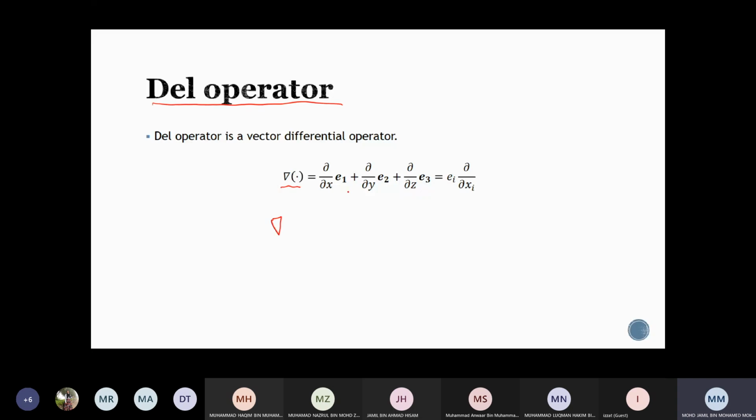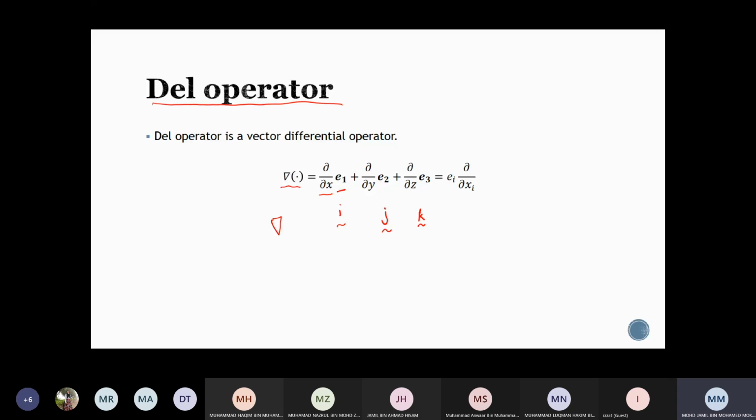You have del over del x times vector e1 or vector i, plus del over del y times e2 or vector j, plus del over del z times e3 or vector k.